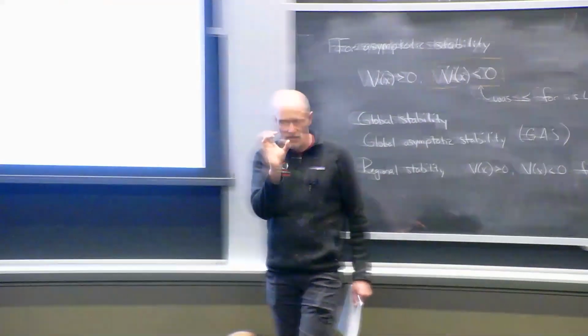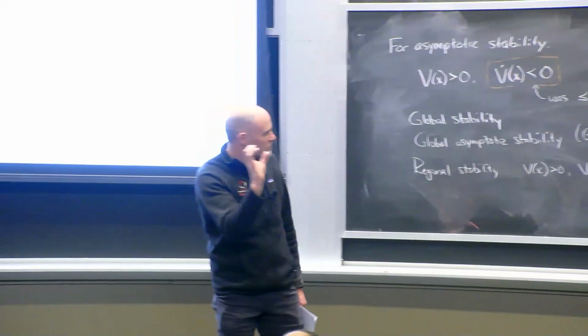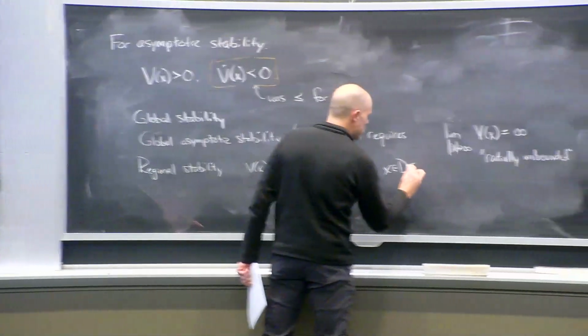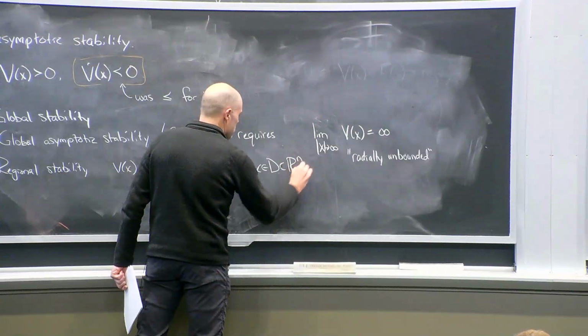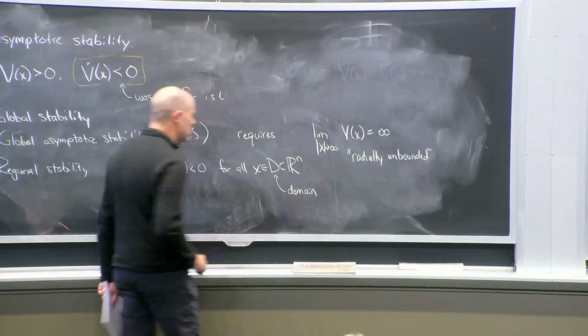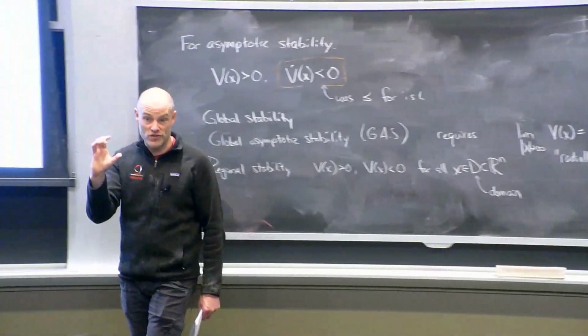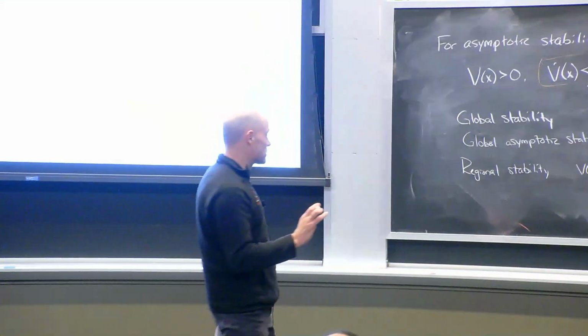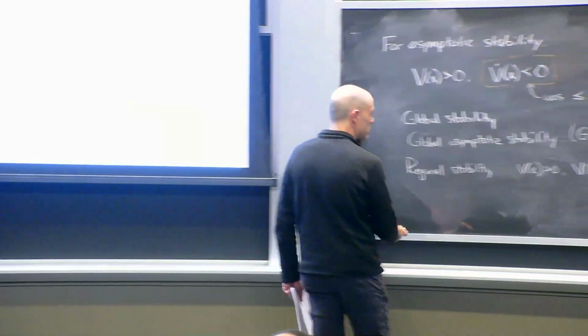If you draw some domain D that contains the origin, D for domain, then you could talk about some sort of regional stability. And we'll use that a lot to think about regions of attraction and other important concepts.